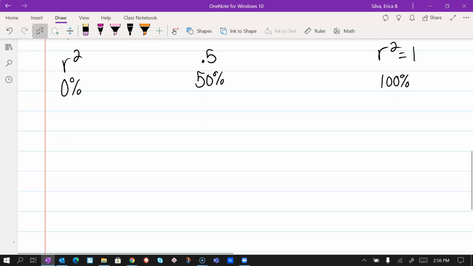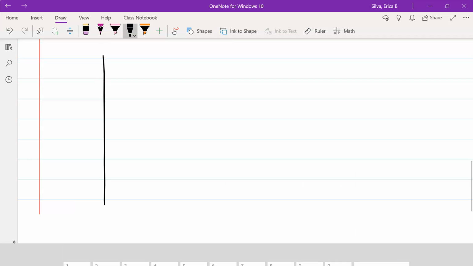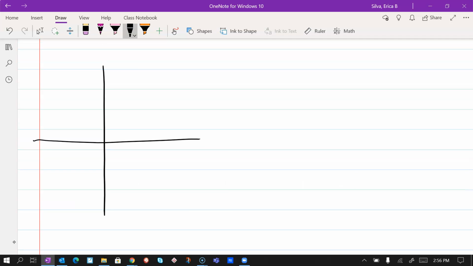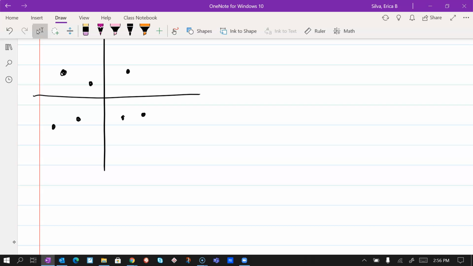All right, so let's look at some examples of what that might look like. So let's say we have these data points and we use regression to come up with an equation. Once we get regression, it'll give us an R squared.